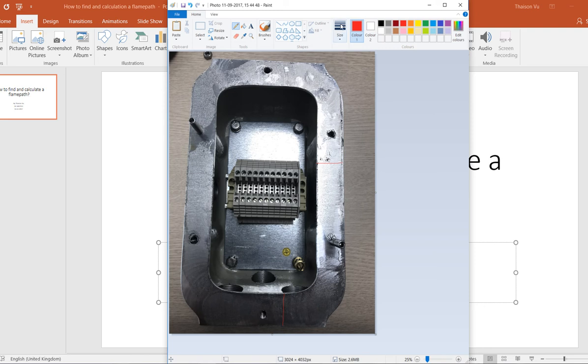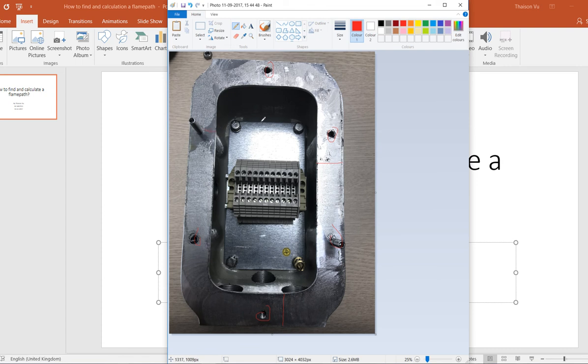When this equipment gets certified, the certification body, the test lab, they have calculated the flame path at the worst case. As you see, there are holes for the cover here. You have holes here, here, here, here, and here. So the flame path from here to here is much shorter.